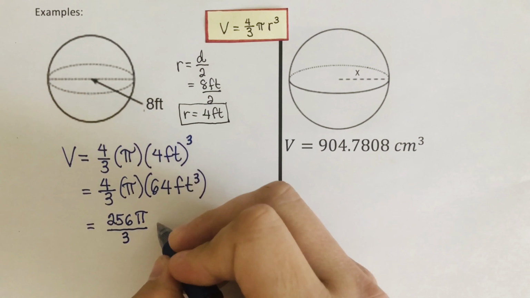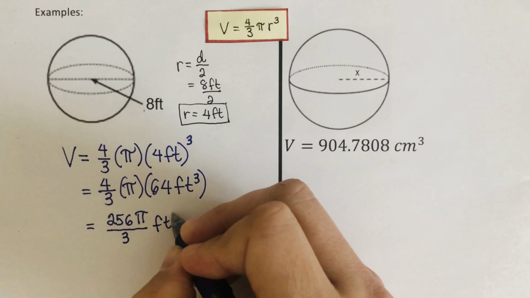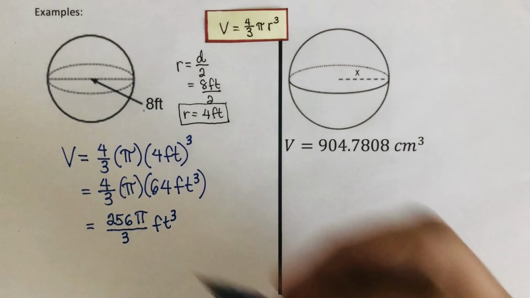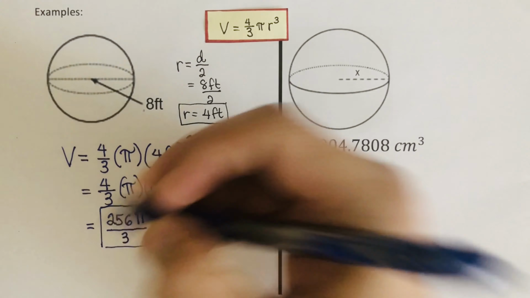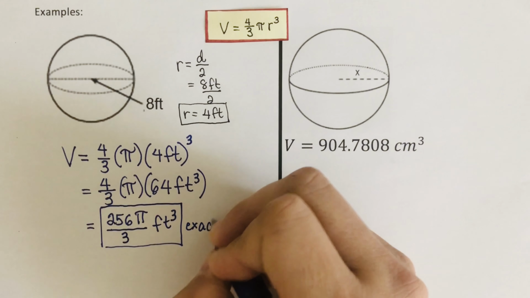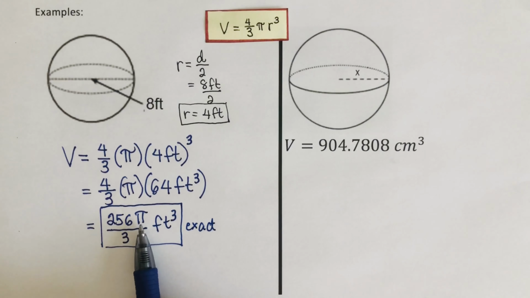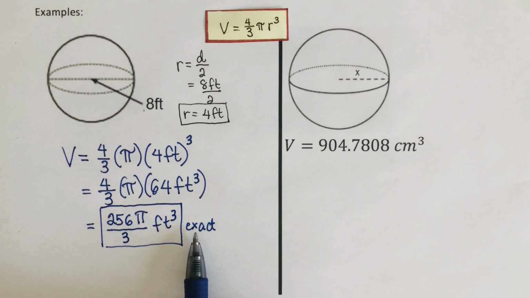The final unit is feet cubed or cubic feet. And this is our exact volume. We say exact because we did not round the value of pi to 3.1416 yet. So we just label this as exact.